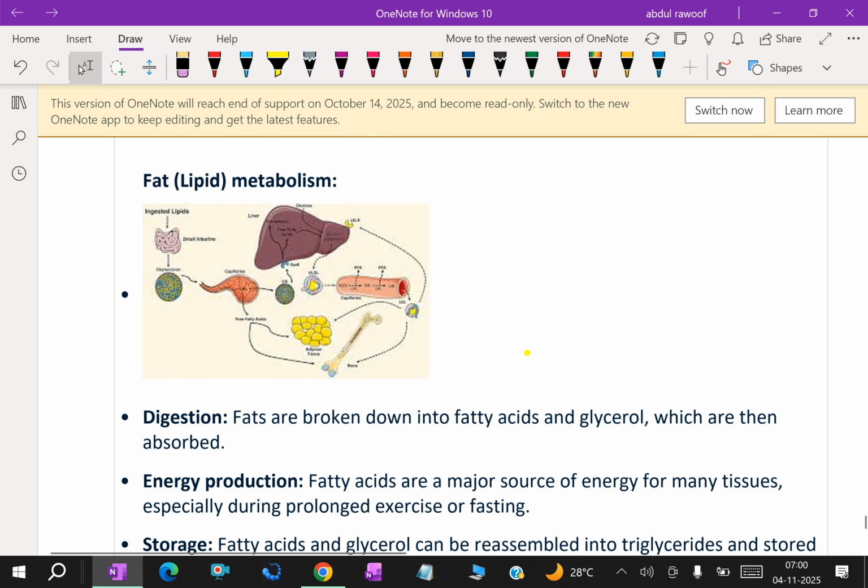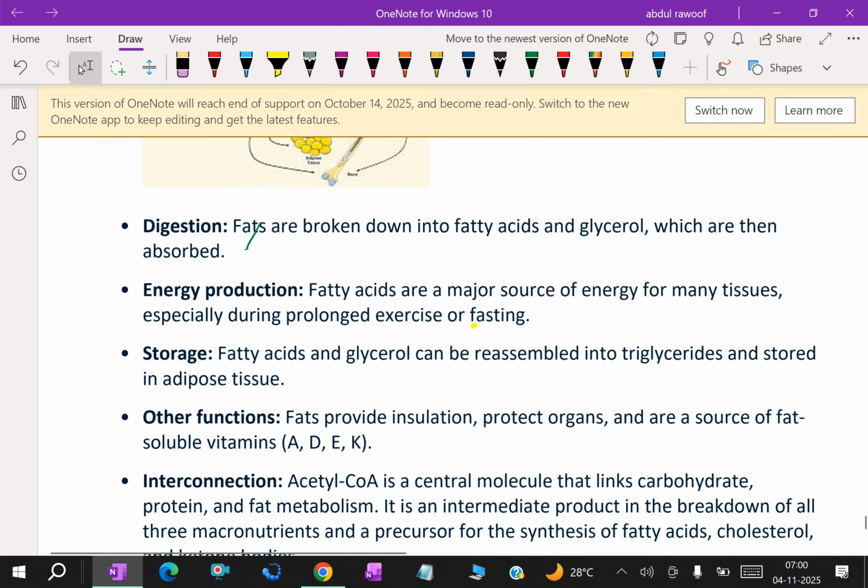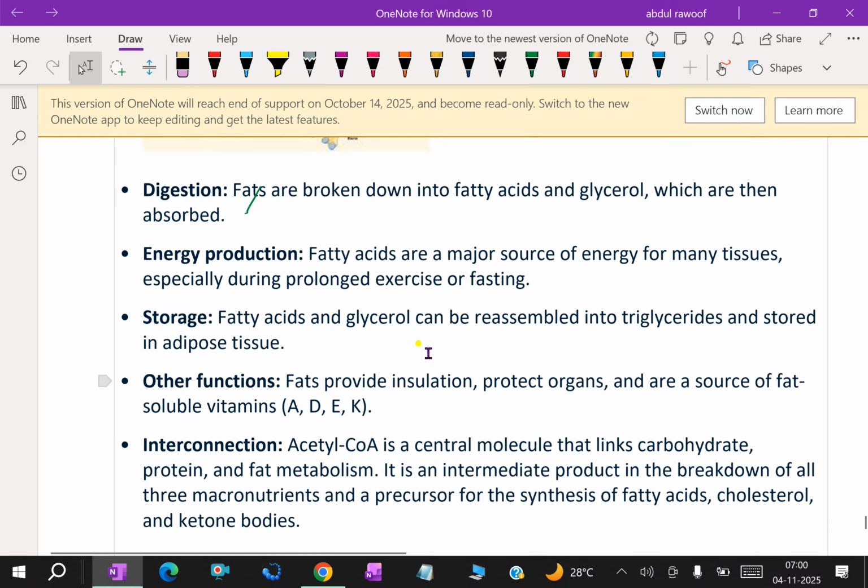Fat, lipid metabolism. What is that? Digestion. Fats are broken down into fatty acids and glycerol, which are then absorbed. Energy production. Fatty acids are a major source of energy for many tissues, especially during prolonged exercise or fasting.